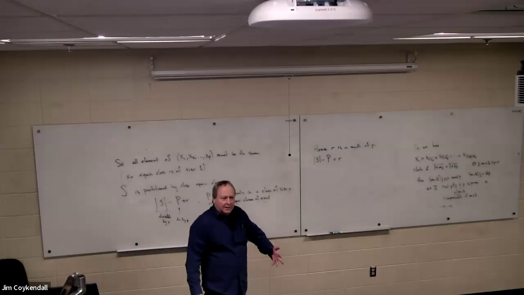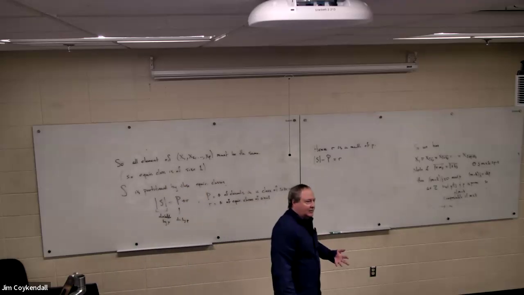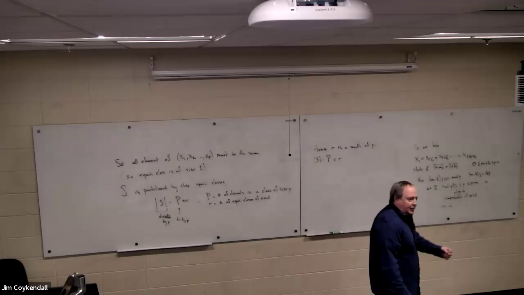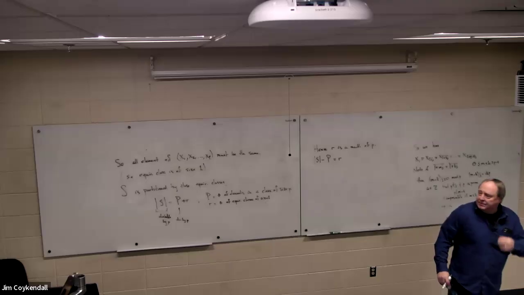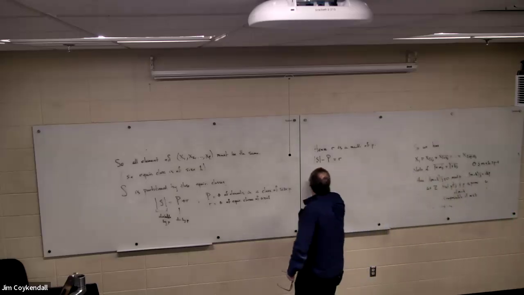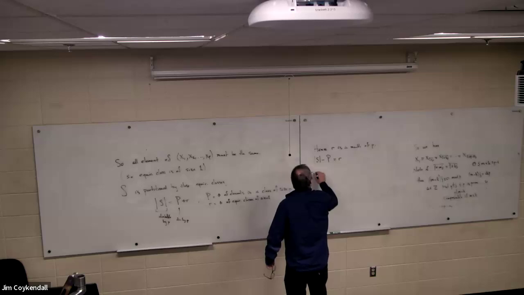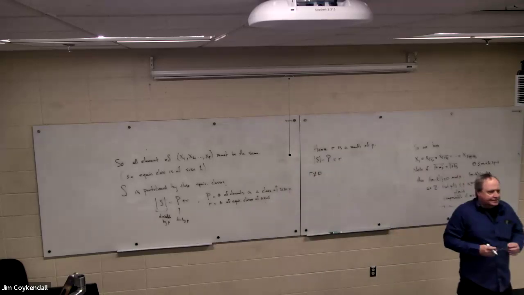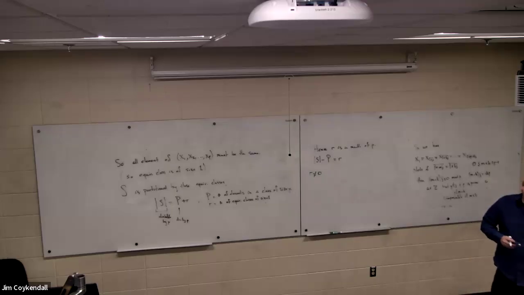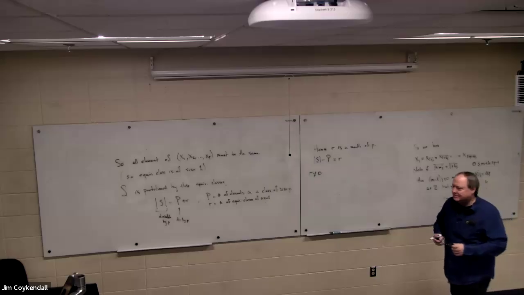So R is a multiple of P. So the number of equivalence classes of size 1 is a multiple of P. And it can't be 0. 0 is certainly divisible by P. Can somebody explain why? There must be at least one equivalence class of size 1. Can you identify it?